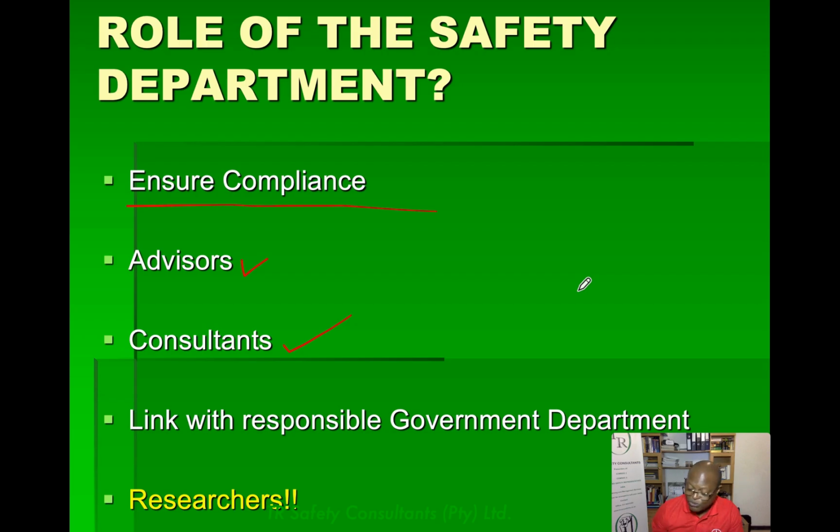But also, if you look at this one I have here, common sense tells us that we are also, as a safety department, the link between us as the organization and the government department, which is the DMRE. In the olden days, the DMRE would give notification to the safety department, or the manager, that, listen, I'll be visiting your mine at this particular date, and we get ready.